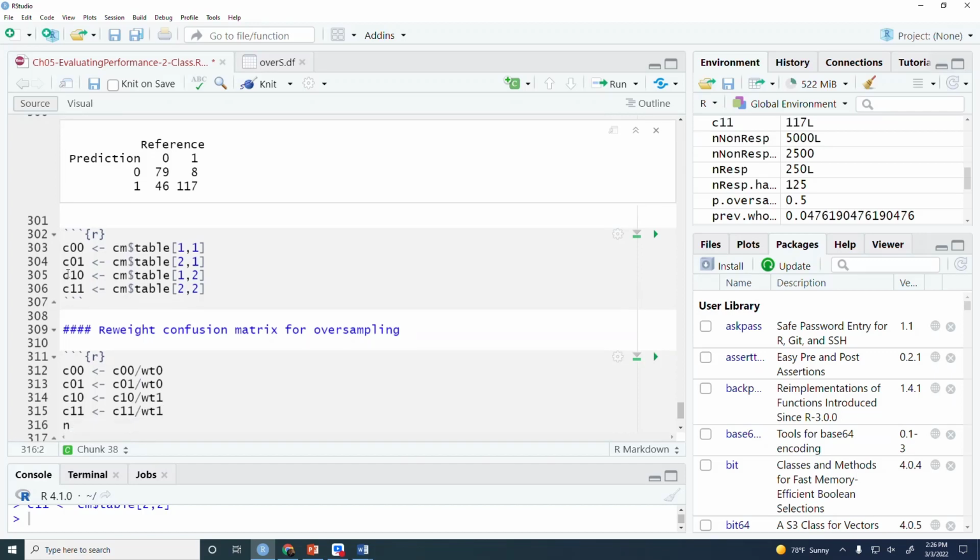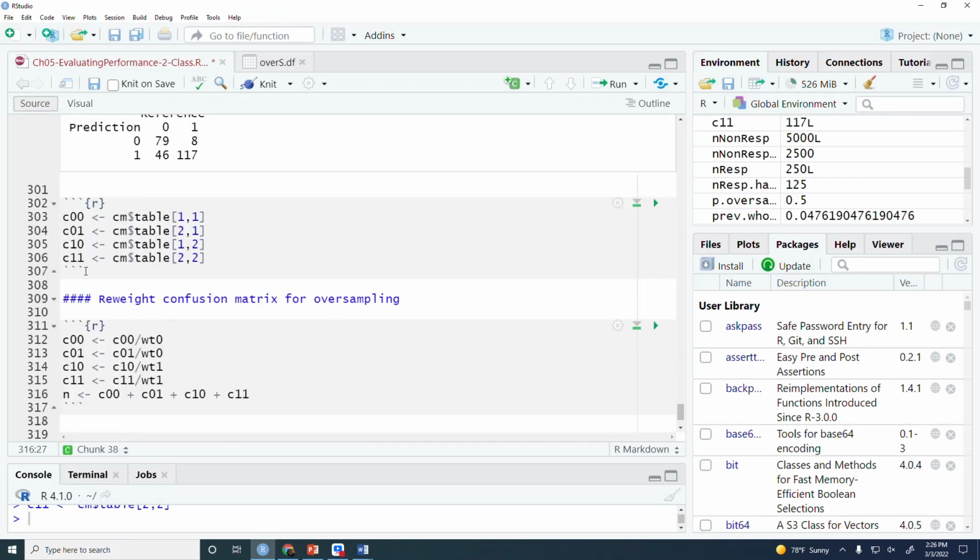Okay. And then if you add all of them up, you should get n. Let's print n to make sure that we have the n value correctly.